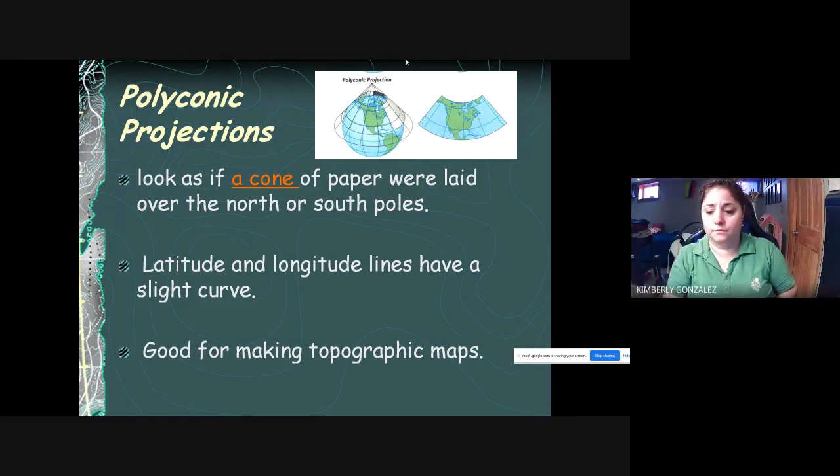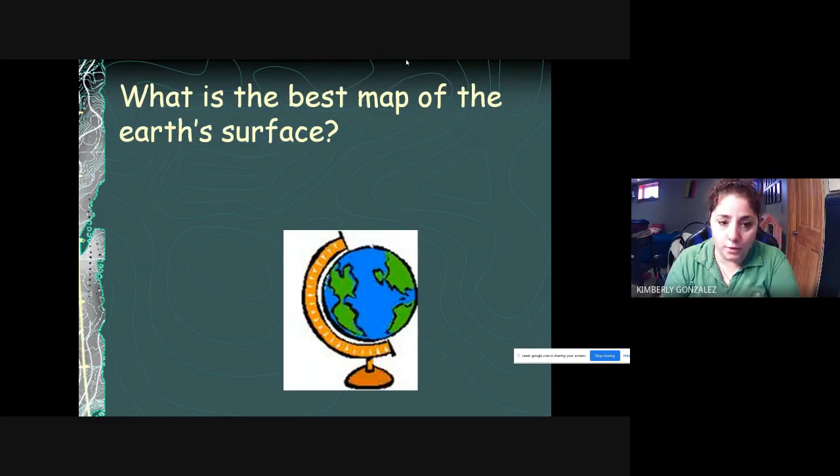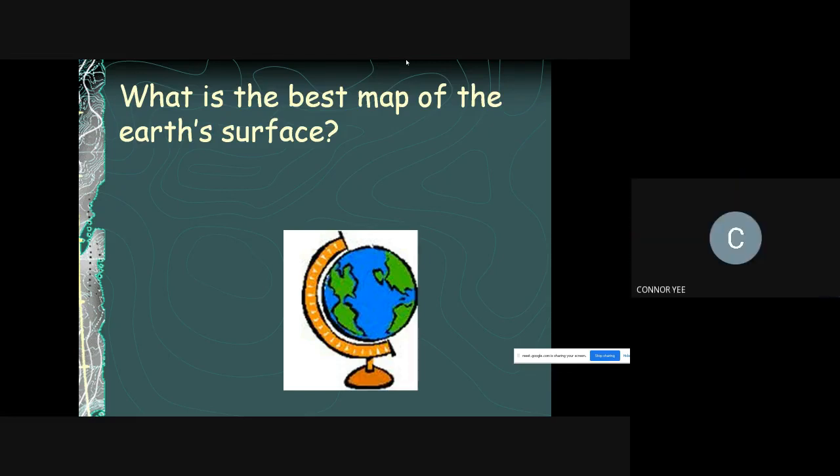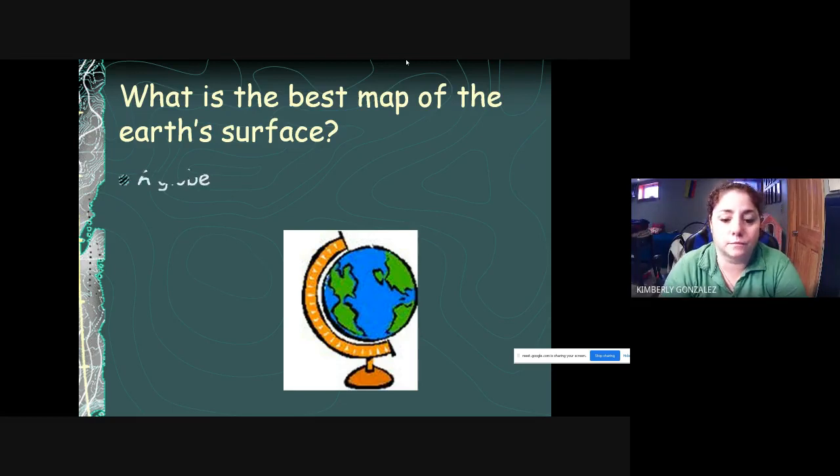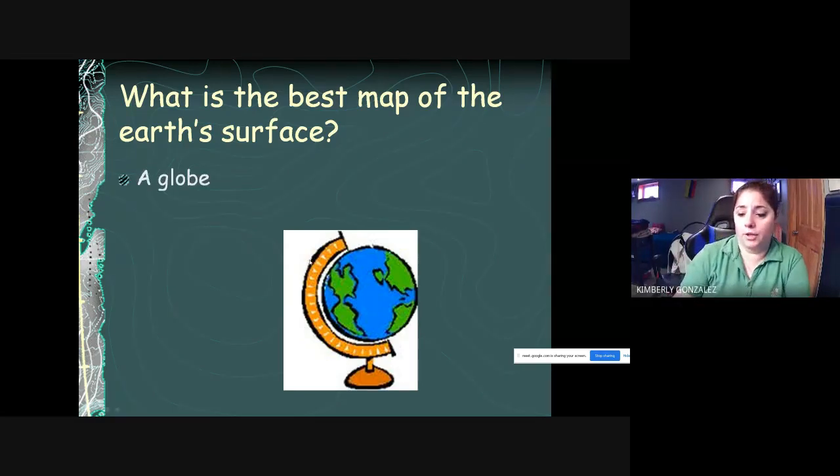Okay? Any questions so far? What is the best map of the Earth's surface, guys? What should be used out of all of these maps, or any maps that you know about? A globe? Absolutely. In this picture here, you can see that the Earth's axis is tilted in this globe. You can actually see the distances.